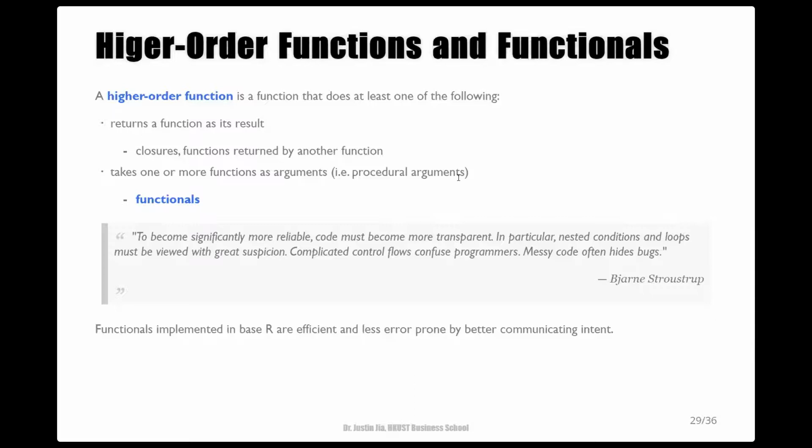Actually, we have a specific term to refer to functions of this type, functionals. Because R's functionals allow us to use another function to express the exact procedure we want to apply. By using them, we can better communicate our intent in coding and make our code less error-prone.